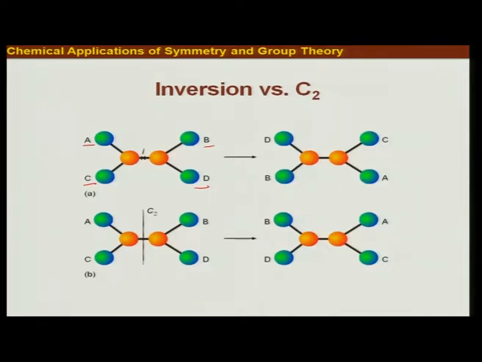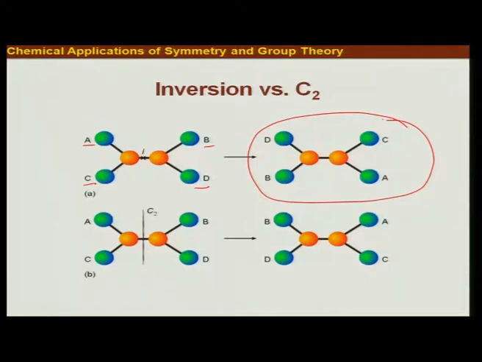So A will go to the position of D and vice versa, and so will B and C interchange their position. So you will ultimately get this particular structure upon inversion operation. Now C2, at first glance, gives you a feeling that it will end up doing the same thing, but will it really do that?